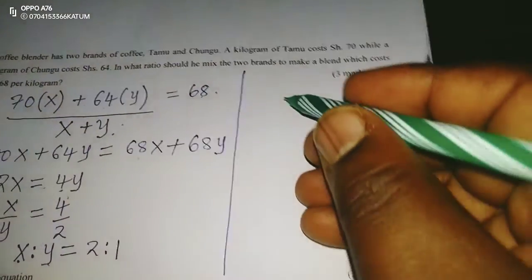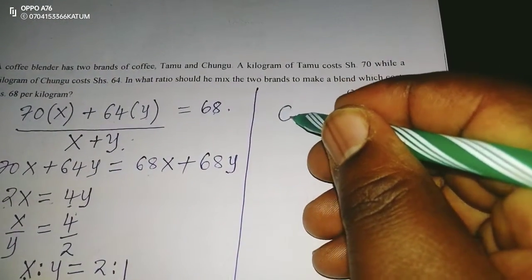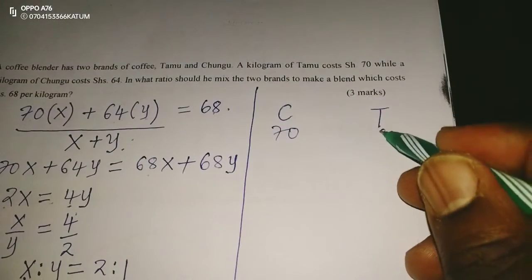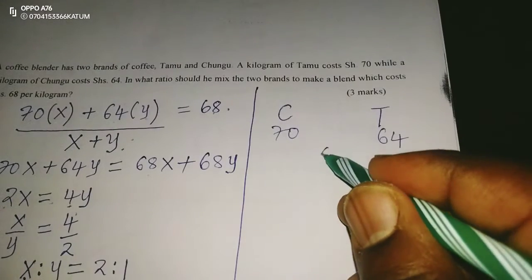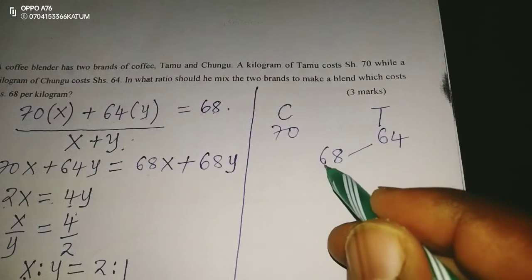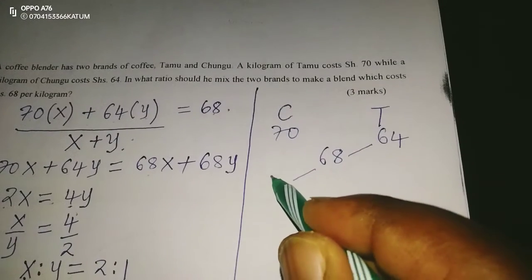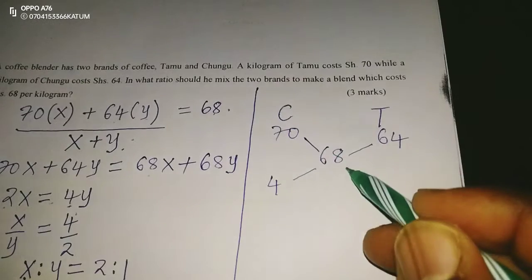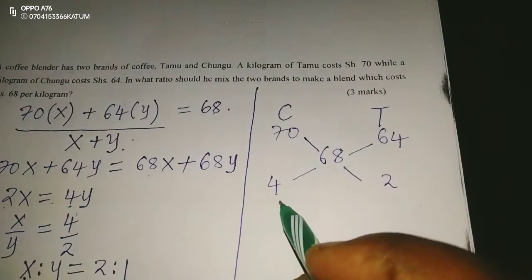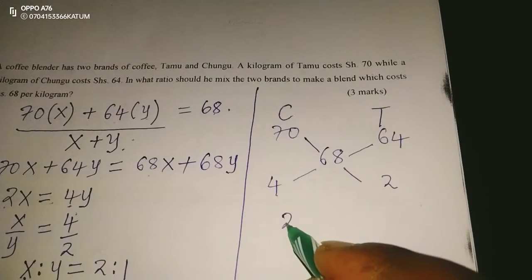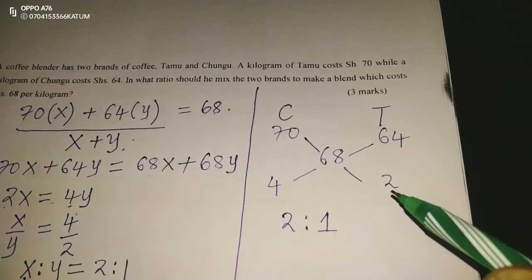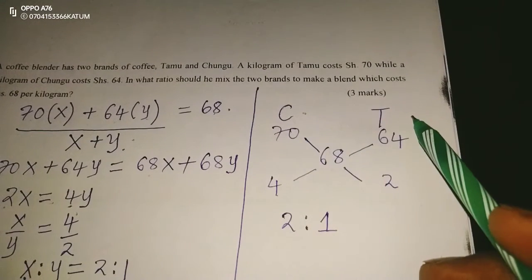So when we have chungu costing 64 and tamu costing 70, and we want a mixture to cost 68, we can just subtract directly. 68 and 64 subtracted gives us 4. 70 and 68 subtracted gives us 2. Now we can simplify further: 4 is to 2 means 2 is to 1. That is the ratio in which chungu is mixed with tamu.